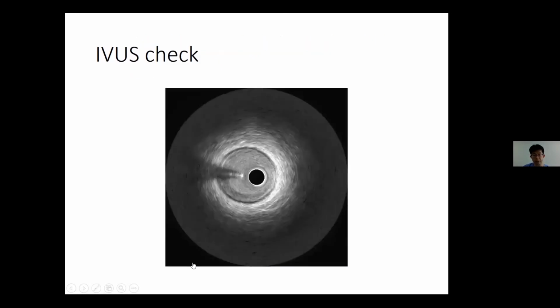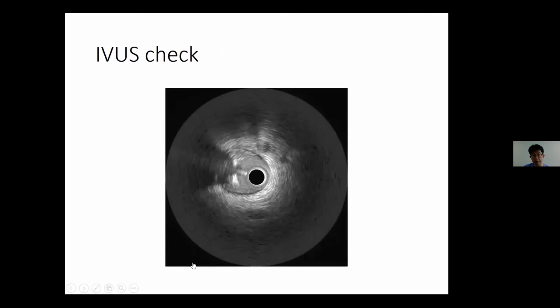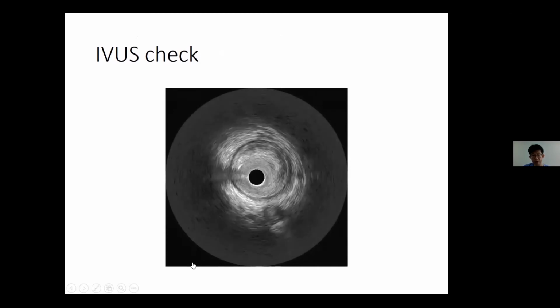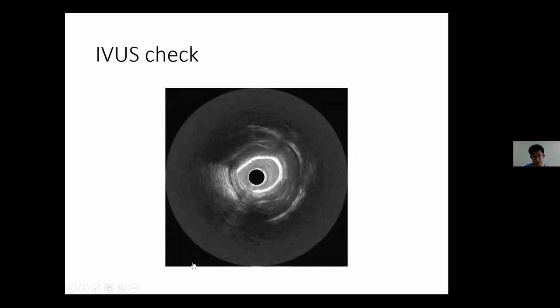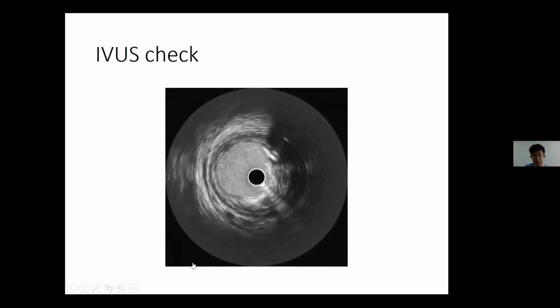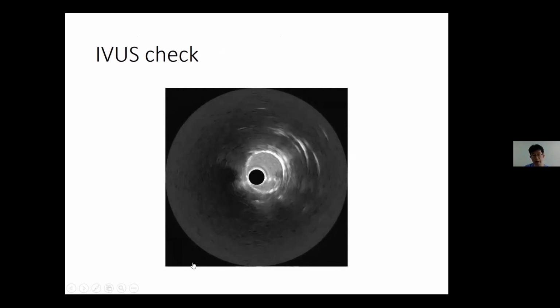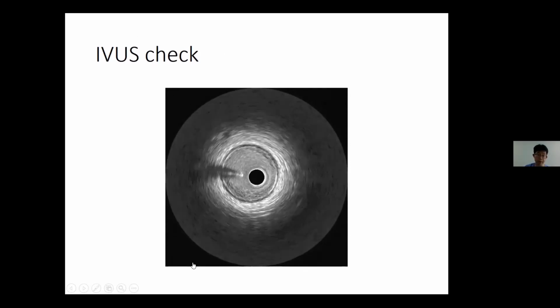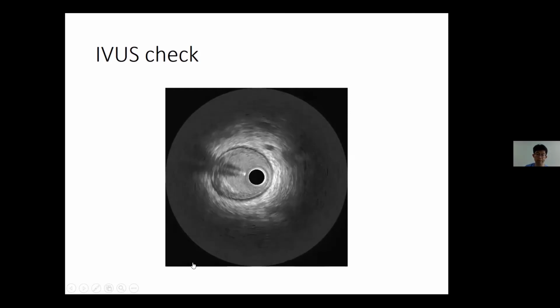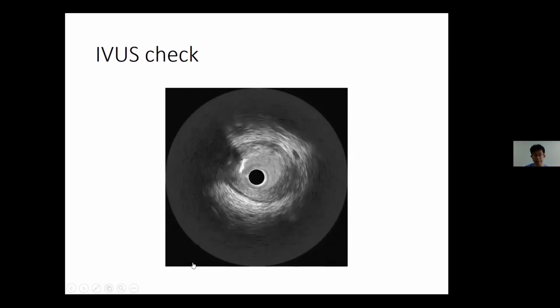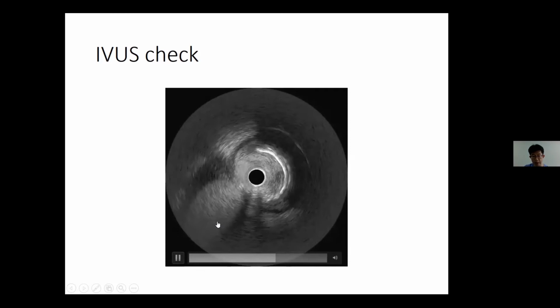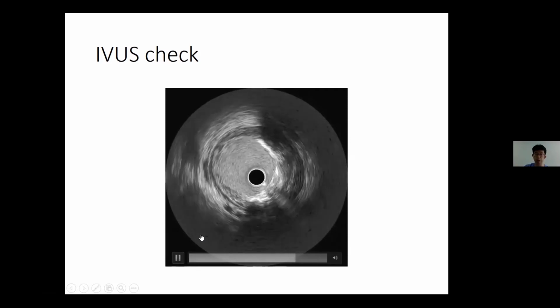And check IVUS. IVUS tells us that around the bifurcation lesion, especially the diagonal branch and the LAD, there is much plaque here. So we decided on predilatation before stenting of both the diagonal branch and the LAD. The diagonal branch comes here, at 8 o'clock.